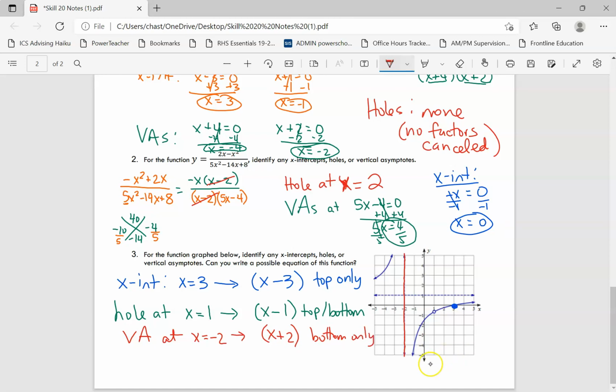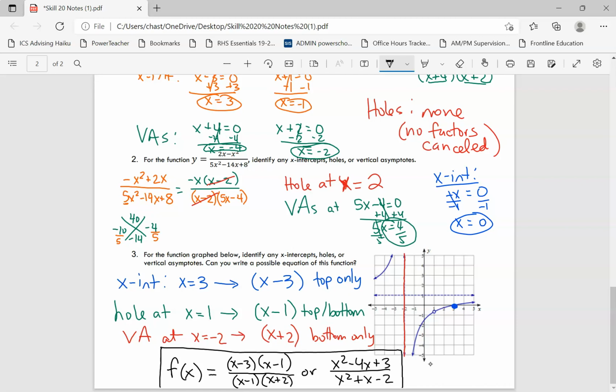Okay, so we must write a function now for this. f of x equals, on the top only, I'm going to have x minus 3, and on the top and bottom, I need an x minus 1, and on the bottom only, I need an x plus 2. Okay, and we could multiply this out, get x squared minus 4x plus 3 over x squared plus x minus 2. There we go. That's it.